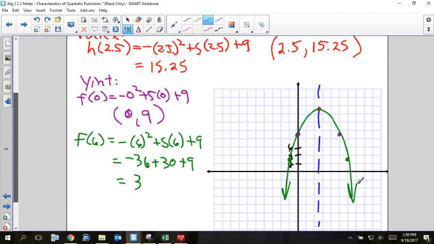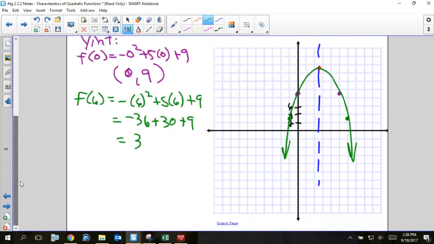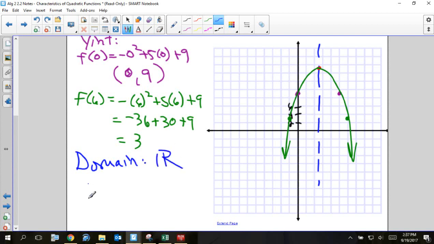Okay, then you just have to describe the domain and range, and then the increasing, decreasing. So, domain. Remember that day we did this over and over again? Domain, all real numbers. Then range. What's the lowest point? What's the highest point? Does it go all the way down? What do the arrows mean?